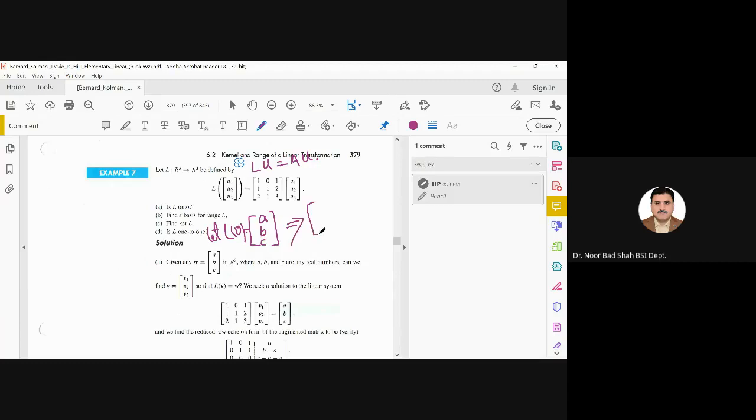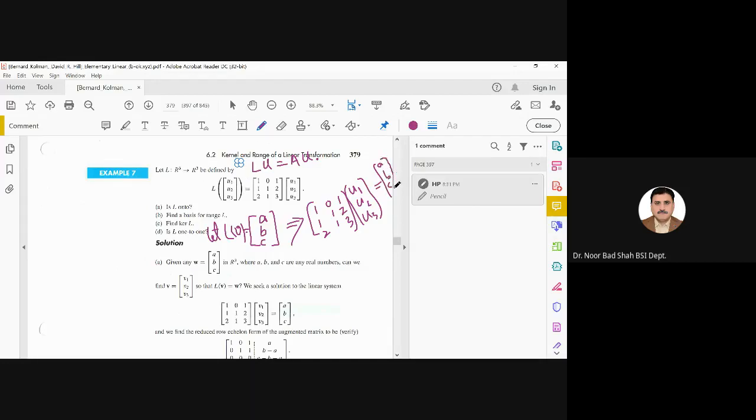We get a matrix 1 0 1, 1 1 2, 2 1 3, and we have U1, U2, U3 equal to A, B, C. Now you see we get a system of equations A, B, C.